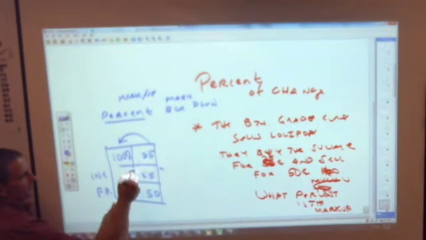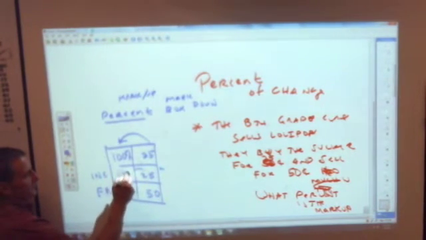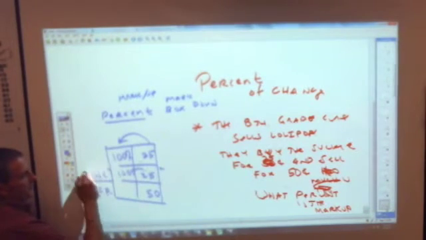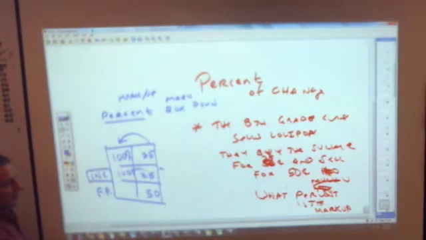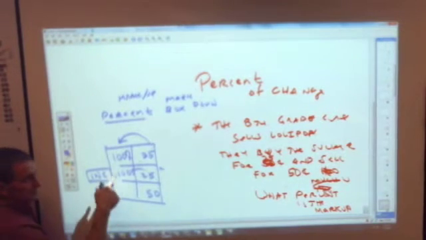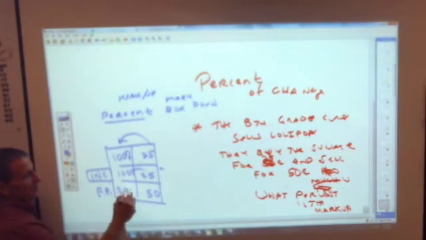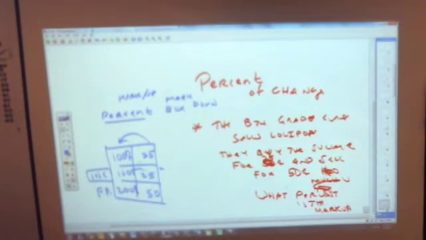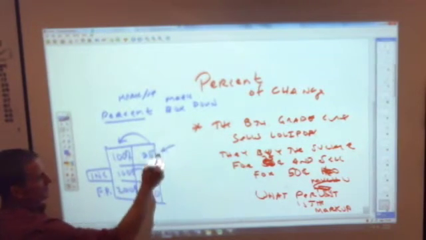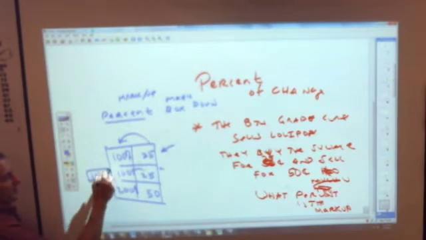Multiply it by 4. So my percent increase is 100%. My final price is 100 plus 100, which is 200% of my original, or two times my original price. Now that was kind of a goofy one because the numbers are all whacked out there, but that would be a mark up or an increase.